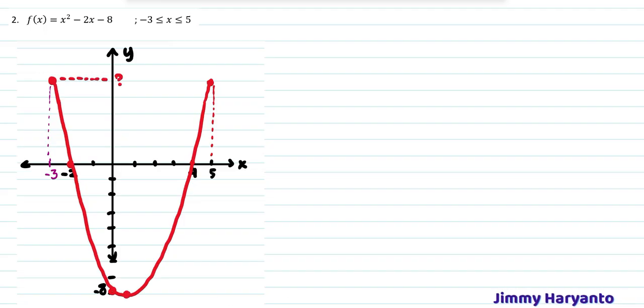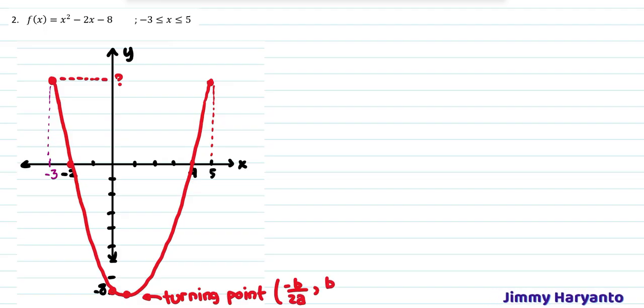I don't know whether you already learned this in the 9th grade, but this is called the turning point of the quadratics. You can find this by using the formula negative b over 2a comma b squared minus 4ac over negative 4a, or you can use completing the square also.